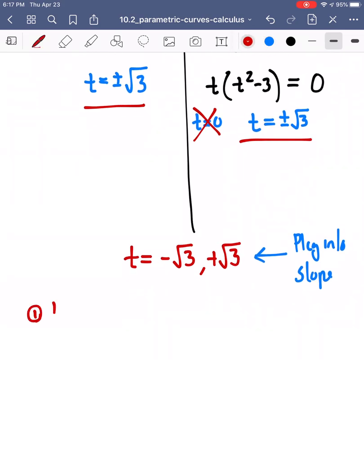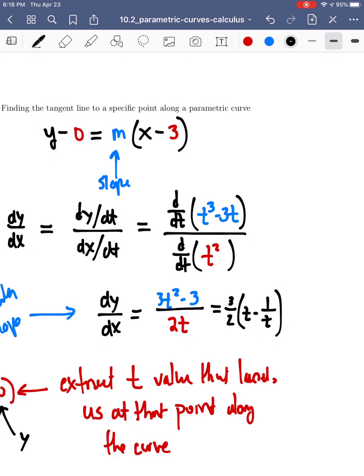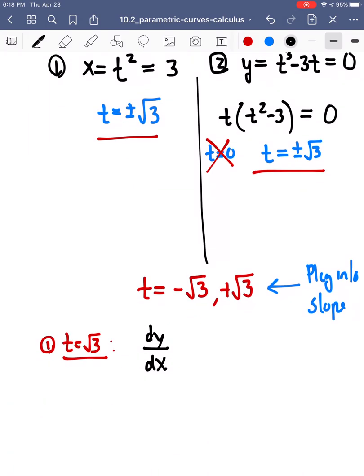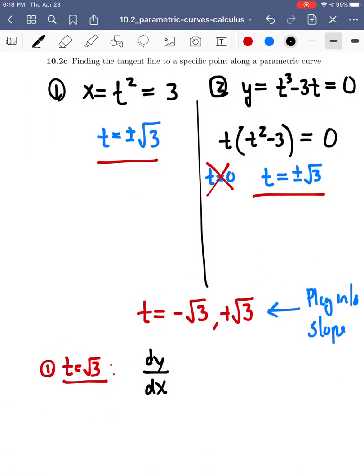So let's plug in first t equals square root of 3. Well, we had that dy dx a moment ago. We saw was equal to 3 times the quantity t minus 1 over t. And if we just plug in what we found for t, that is square root of 3 plus 1 over square root of 3.